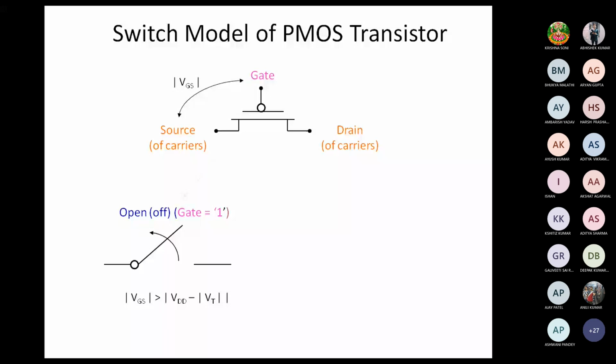Okay, so here for the PMOS, VGS should be greater than VDD minus VT.